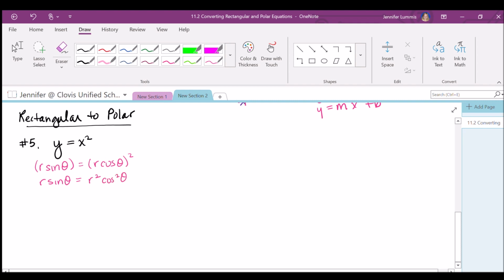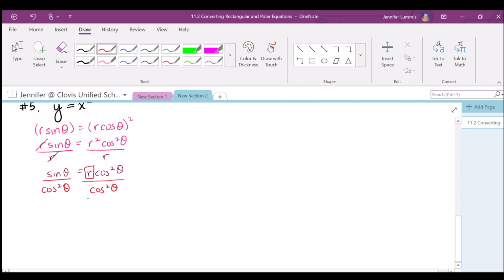And like I said, we usually want this to be in an r equals format. To get that, you would start by dividing both sides out by r. So now I only have sine theta is equal to r cosine squared theta. And again, if I want to get this r over here by itself, now I'm going to have to divide both sides by cosine squared. We don't usually like to leave our trig formulas as a fraction.